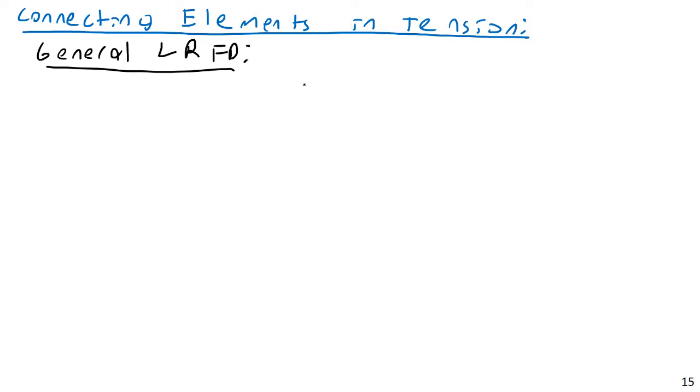This will be our main overarching equation for the entire semester, and it goes something like this: the summation of gamma sub i, Q nominal i, must be less than or equal to phi R sub n. So again, what are these things? Let's annotate a bit.